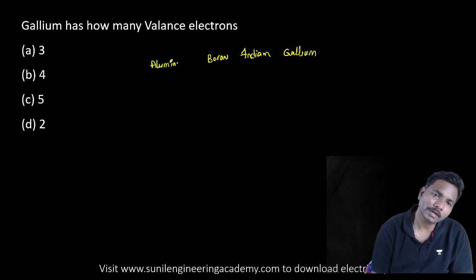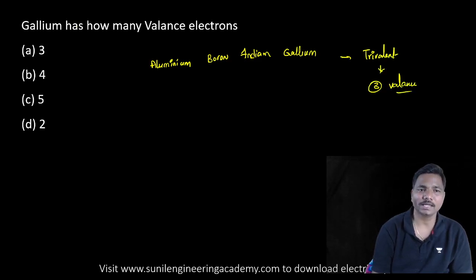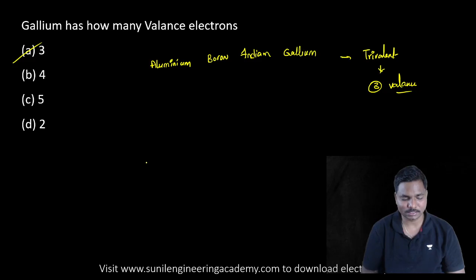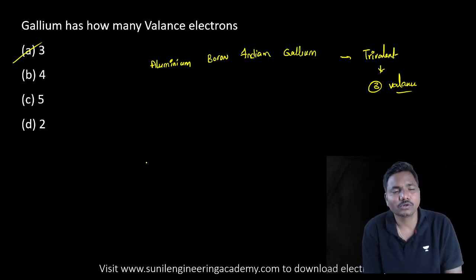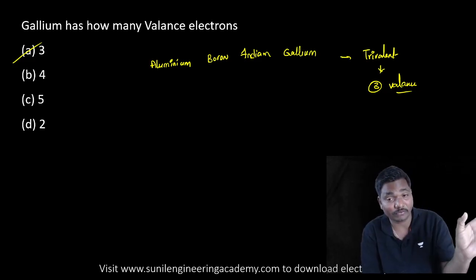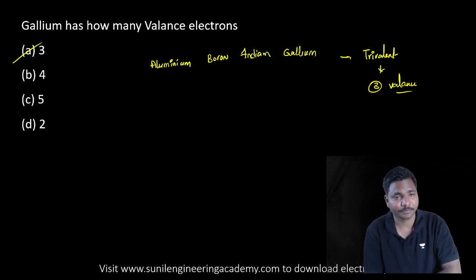All these are nothing but trivalent. Trivalent means they have 3 valence electrons. So if they are asking about gallium, we can directly give the answer as trivalent. No need of atomic number or electronic configuration.